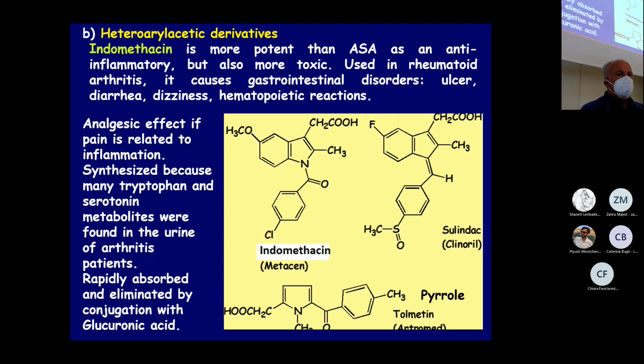Here we can find the most potent compound of the class. But as I told you before, most potent means also most toxic. The first, most important, the prototype of the class is indomethacin.